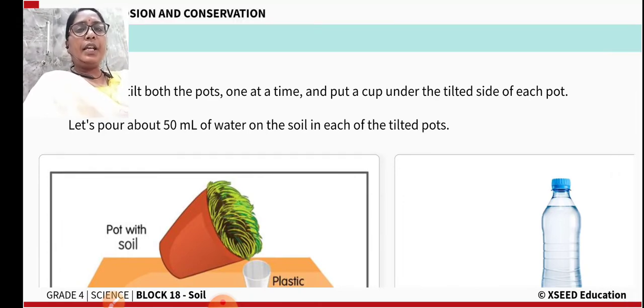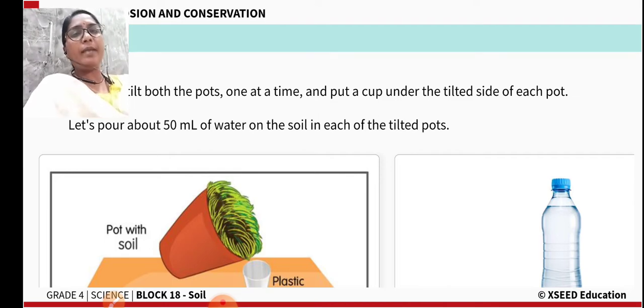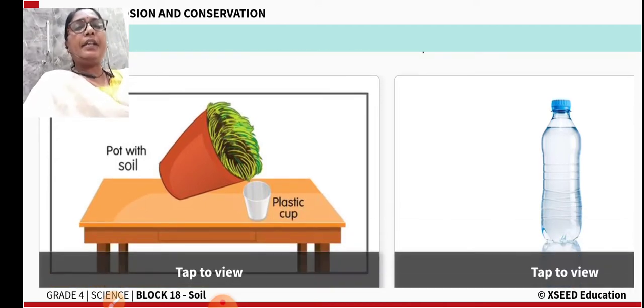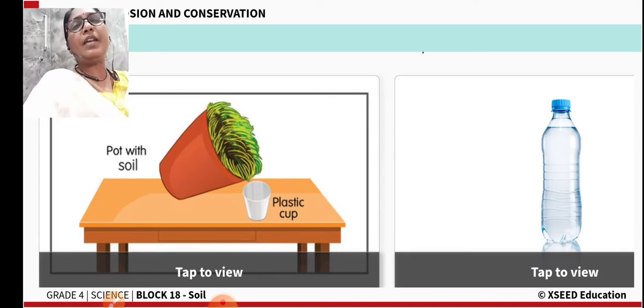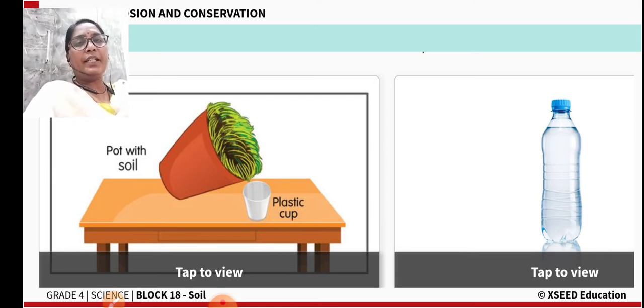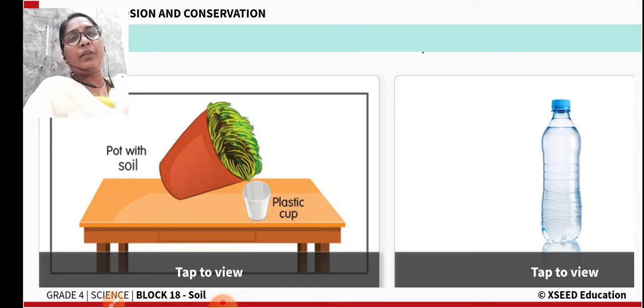You take a potted plant as you did in the before experiment, and you keep that pot in a slanting way as shown in the figure. And you pour water, one cup of water, into this potted plant.